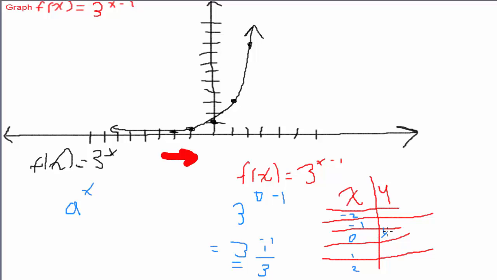So 1/3, right? And if we check our answer, all we have to do is set 1 on top of the negative exponent to make it positive, right? So for -1, 3 to the -2 is going to be equal to 1 over 3 to the power of 2, and that's going to be equal to 1/9. Awesome.